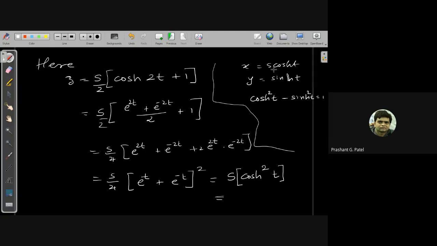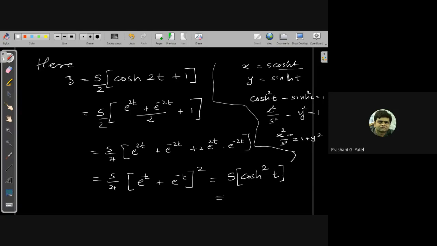If I substitute this value, that is cos hyperbolic of t is x by s, this is x square by s square minus sine is y square is equal to 1. So that will give me x square minus x square by s square is equal to 1 plus y square.